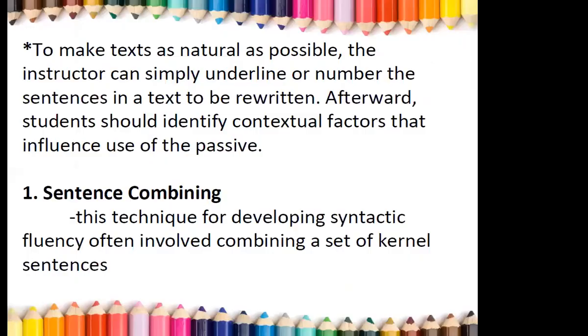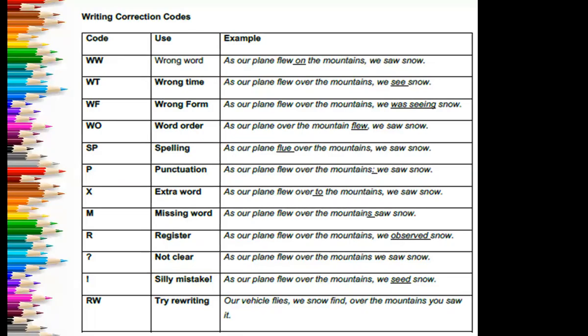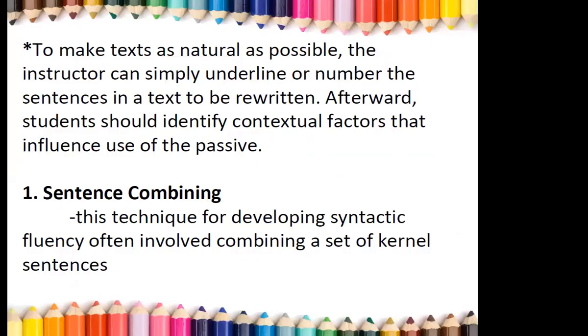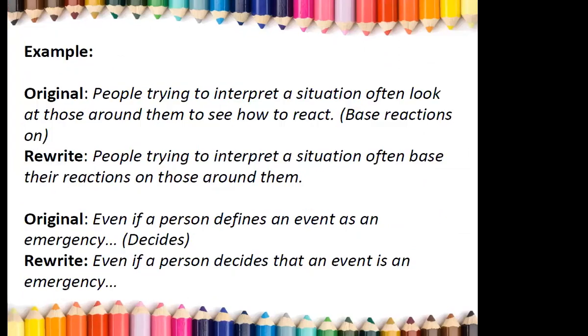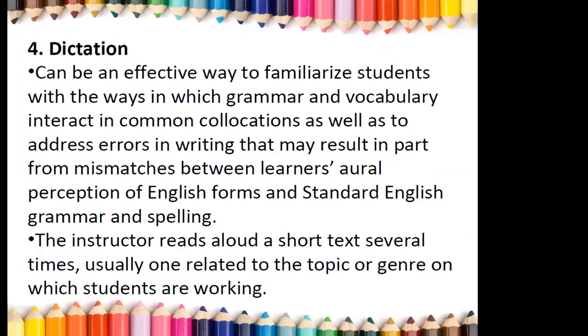This is one, and we're going to be seeing another one in a few minutes. So those are more strategies that you can use for this stage of the writing process.